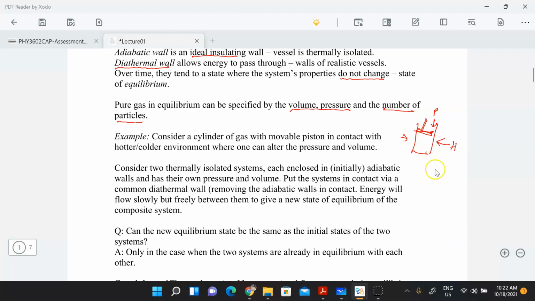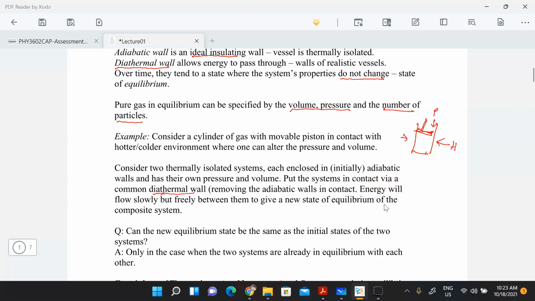Now one could actually do a much more refined experiment. You consider two thermally isolated systems. Individually they are isolated, there's no exchange of heat, but then you can put them together, and when you put them together, you remove the adiabatic walls and replace them with a common diathermal wall.